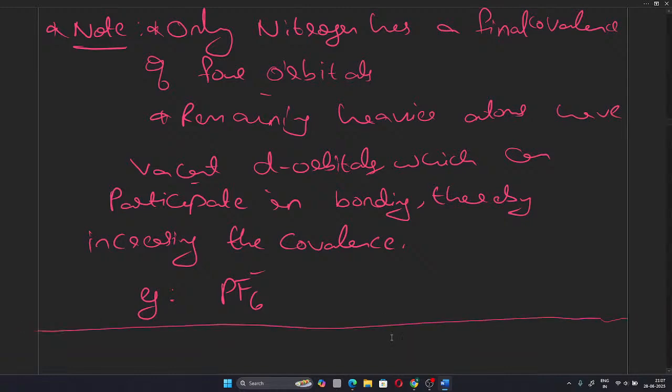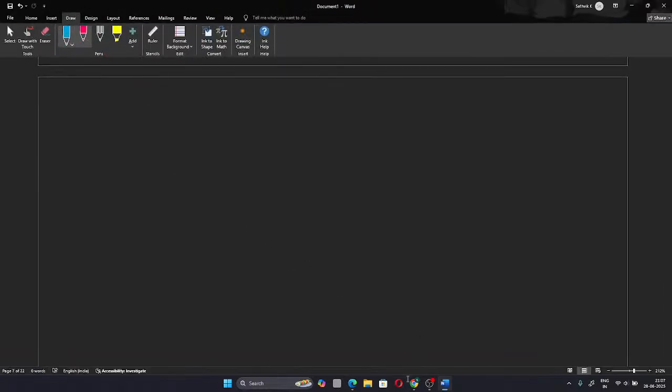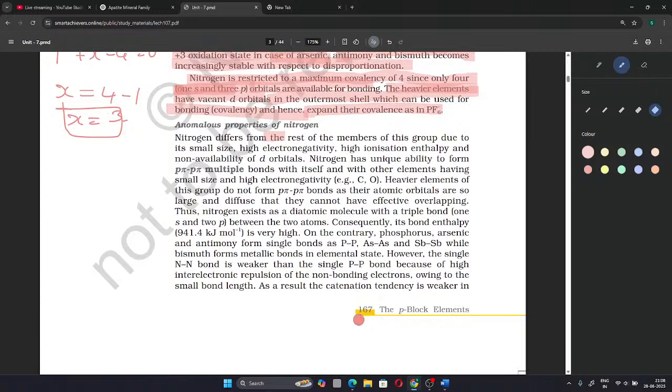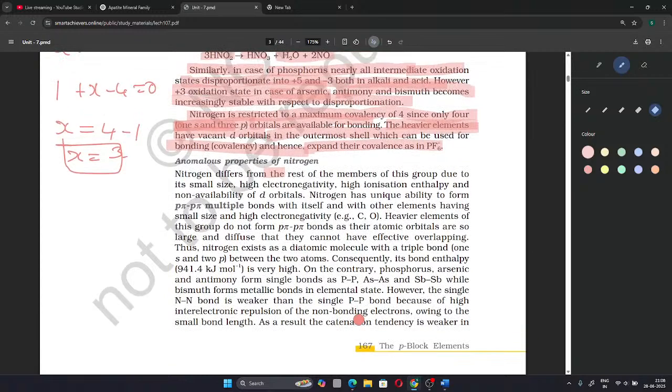This is the oxidation states about the 15th group elements. Now the next main topic being anomalous properties of nitrogen.